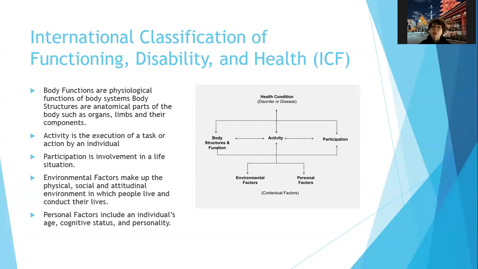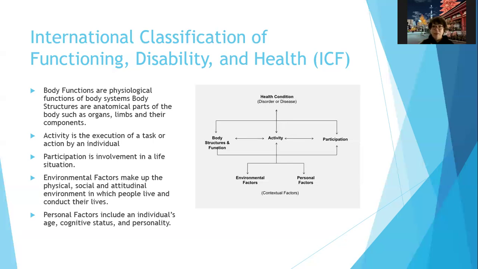Do we have a disorder or a disease, or are we healthy? Or are we on the verge of a disorder or disease? So our body functions and structures are basically our anatomical parts, such as our organs and our limbs and their components. So some of it is just plain old genetic. It's what you're dealt.